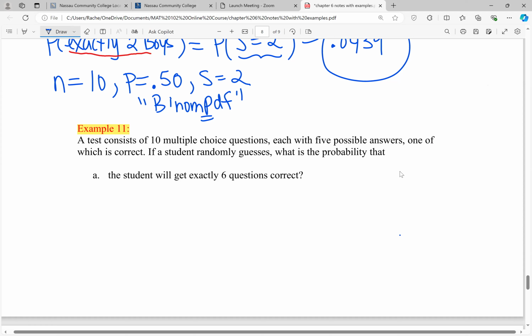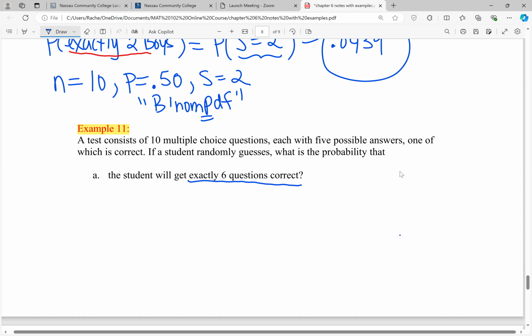So if we're going to guess on all these questions, what's the probability that we're going to get exactly 6 questions correct? So definitely thinking a binomial experiment, because there's only 2 possible outcomes when we guess, right? We're either going to get the answer correct or we're going to get it incorrect, right? 2 possibilities. And we have n independent trials, right?